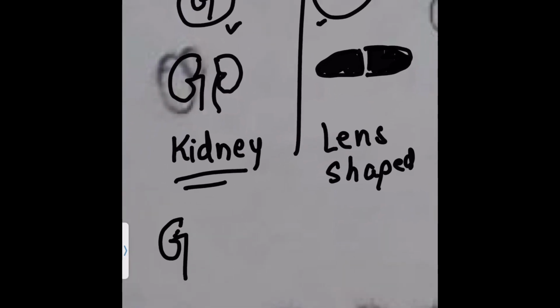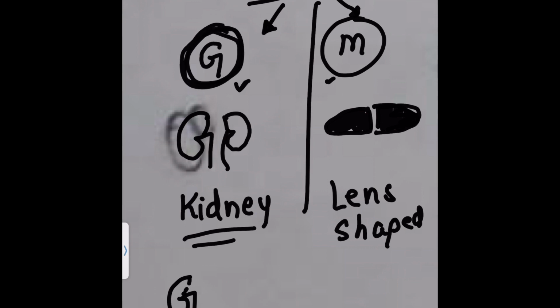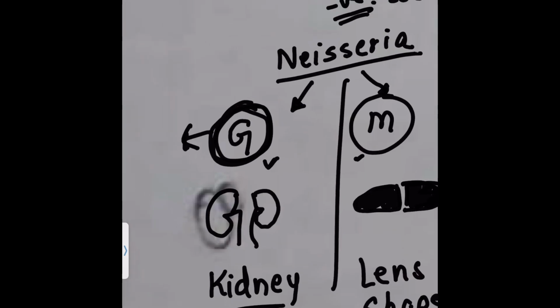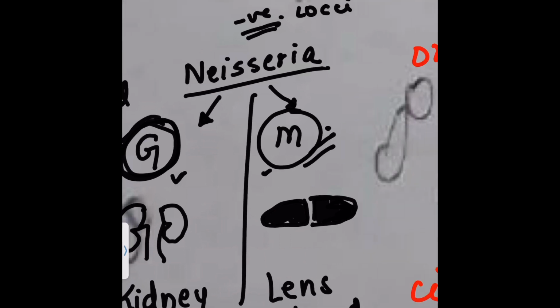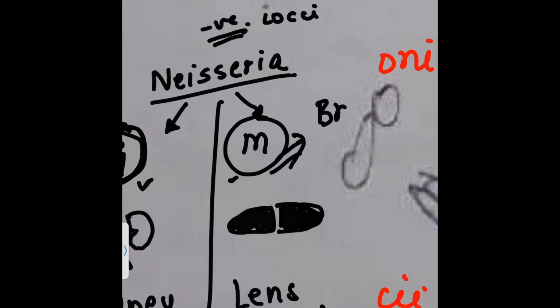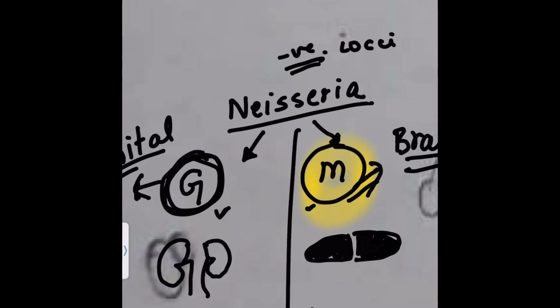This gonorrhea causes infection in the genital area, so it is found in the genital region. And meningitidis causes meningitis in the brain. Yesterday also I mentioned, any organism that causes any infection in the brain will be capsulated. So Neisseria meningitidis is capsulated, but gonorrhea is not capsulated.